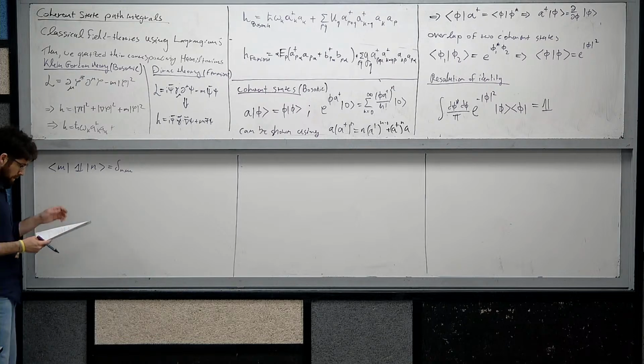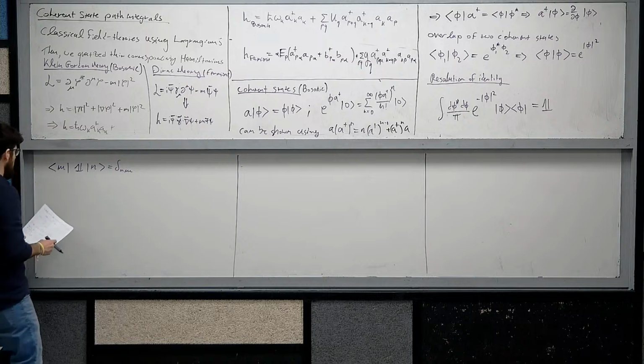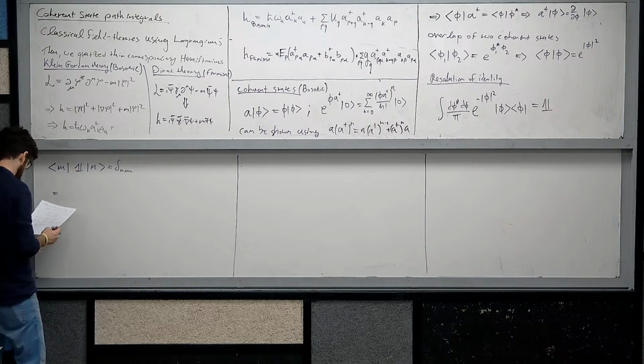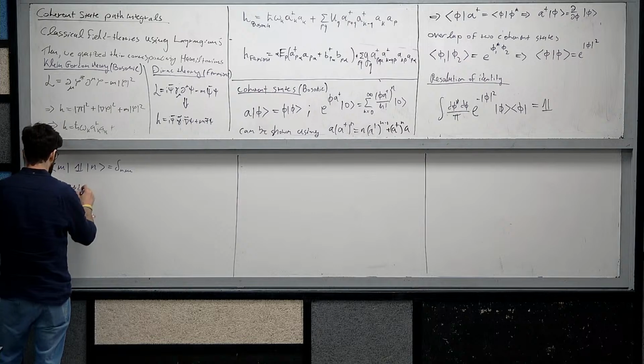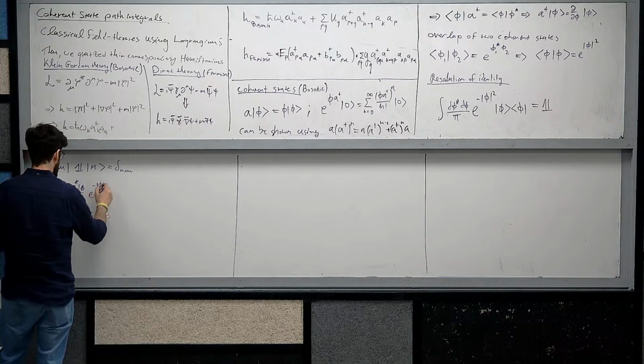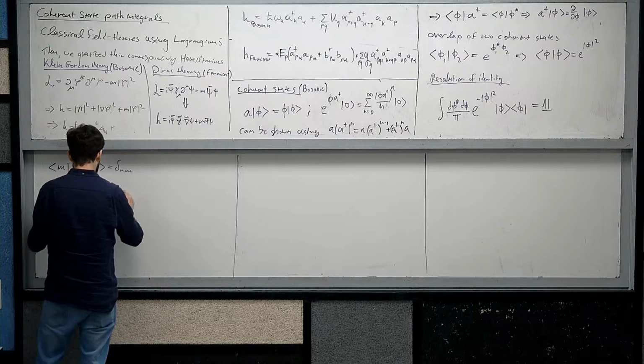The way to do that is, you have something like the integral d phi star over pi e to the minus phi squared, and then we have m phi n.